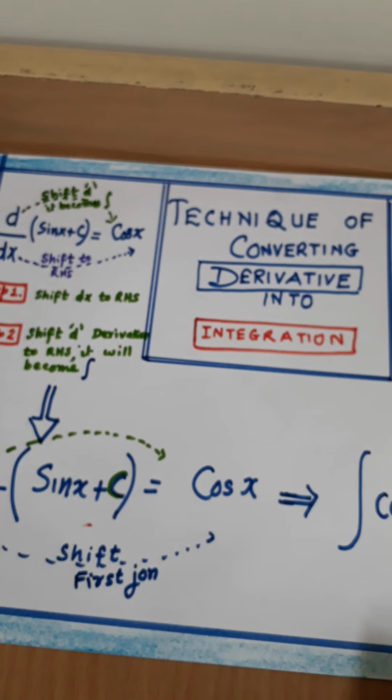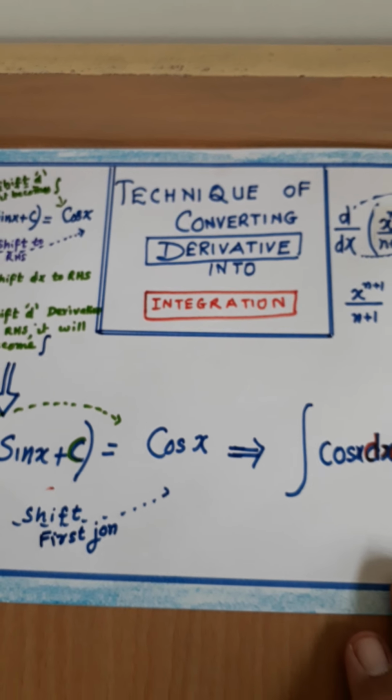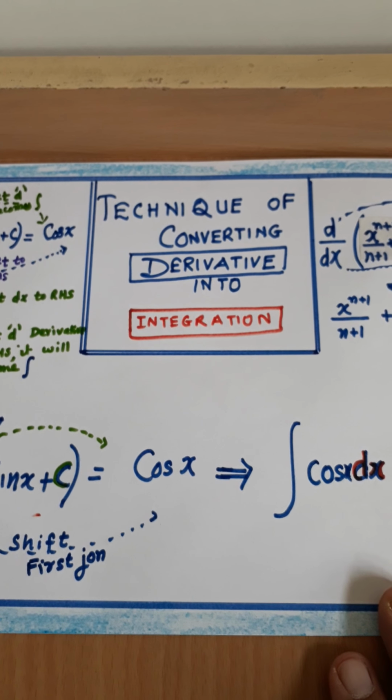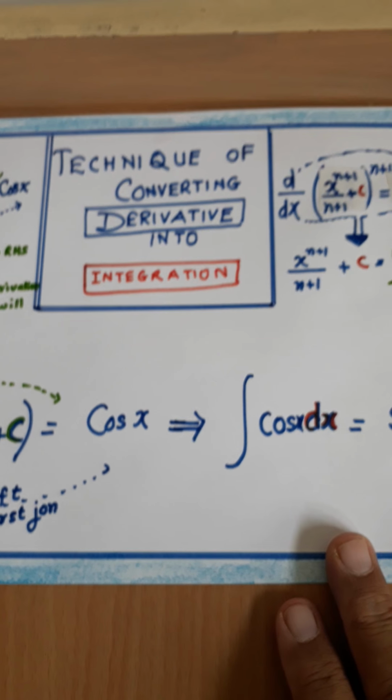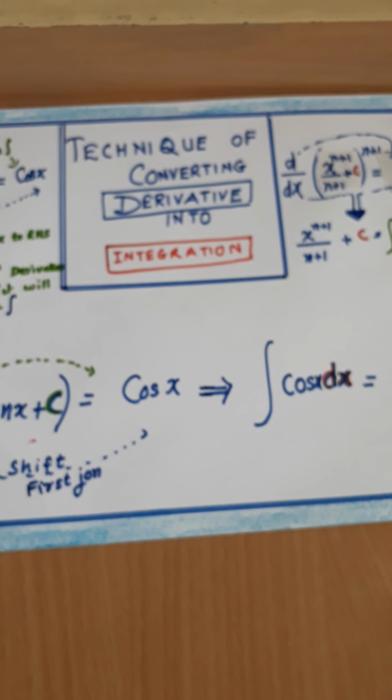I hope you must have understood this part, because I'll be going on with this series of this type of formulas, and you will find integration is nothing. This symbol does not do anything at all.